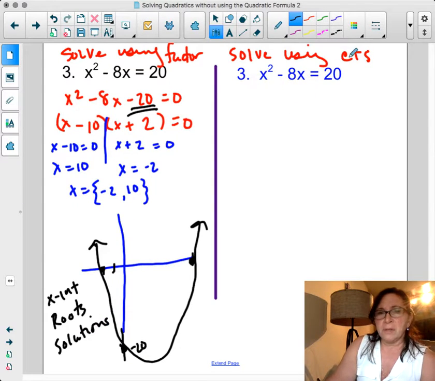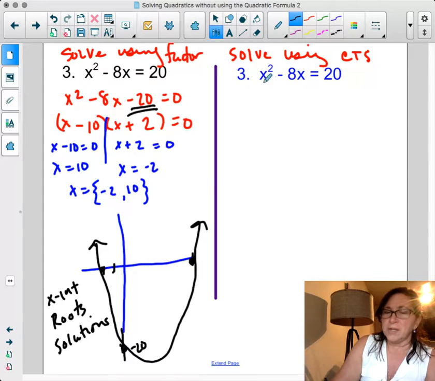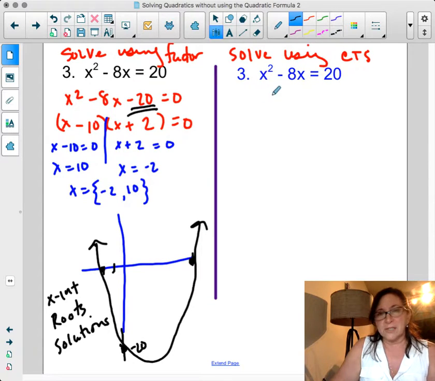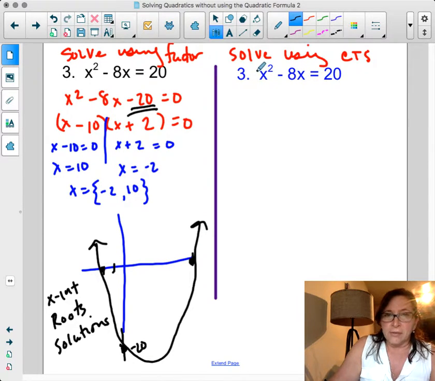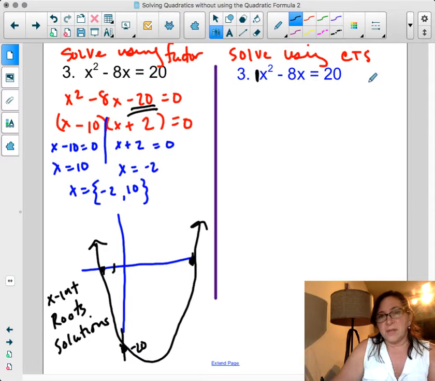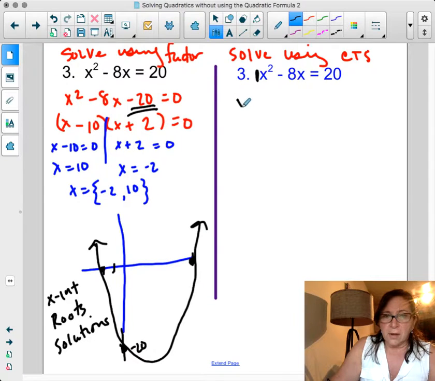I'm going to use completing the square to solve for this one. A couple of rules for completing the square: your a term has to be 1, which it is, so we're good there. You do need to move any constants over to the other side, which is already done for you. So we have x squared minus 8x.